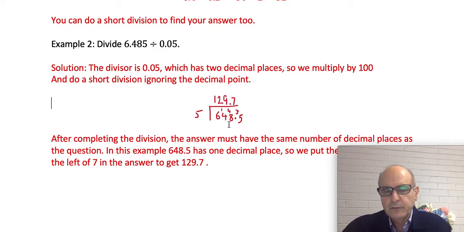I wrote 4 here. And 48 divided by 5 is 9 and the remainder is 3. And 35 divided by 5 is 7. So far we have 1297.